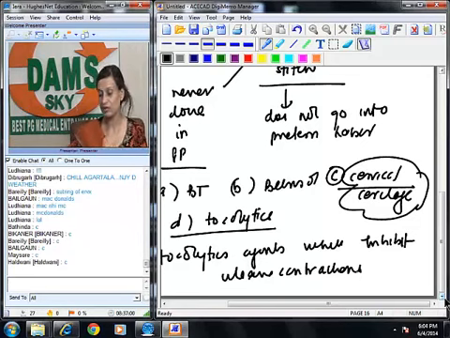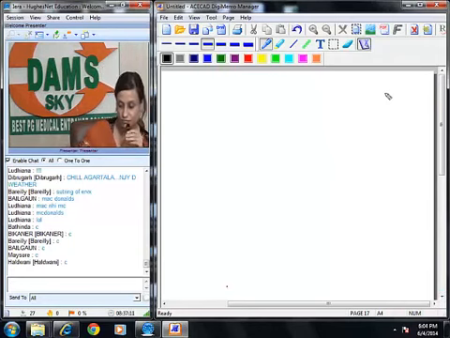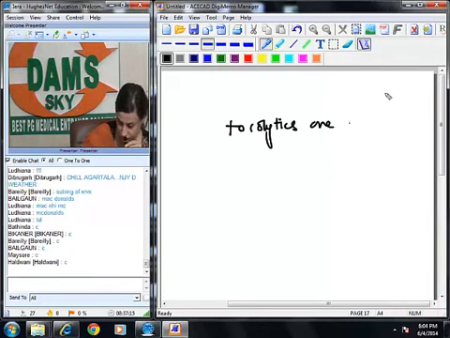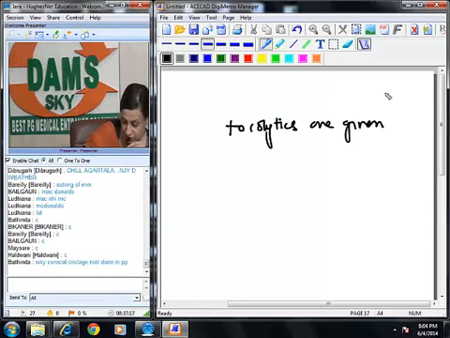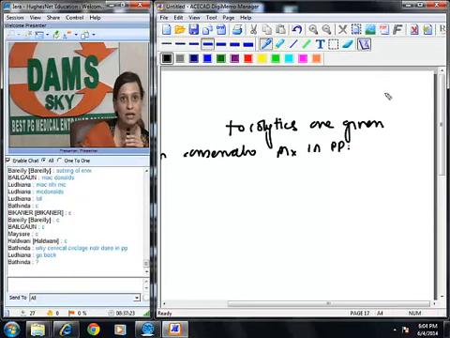So this is the following indication. Now tocolytics are given in conservative management in placenta previa.